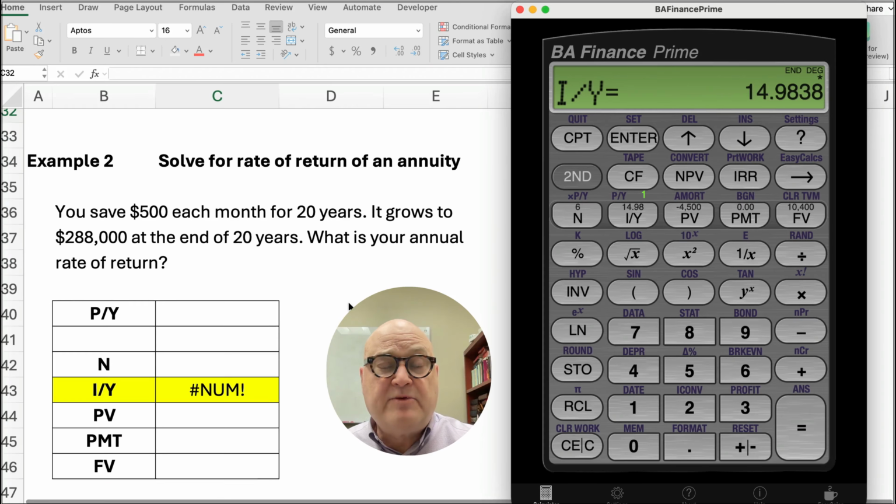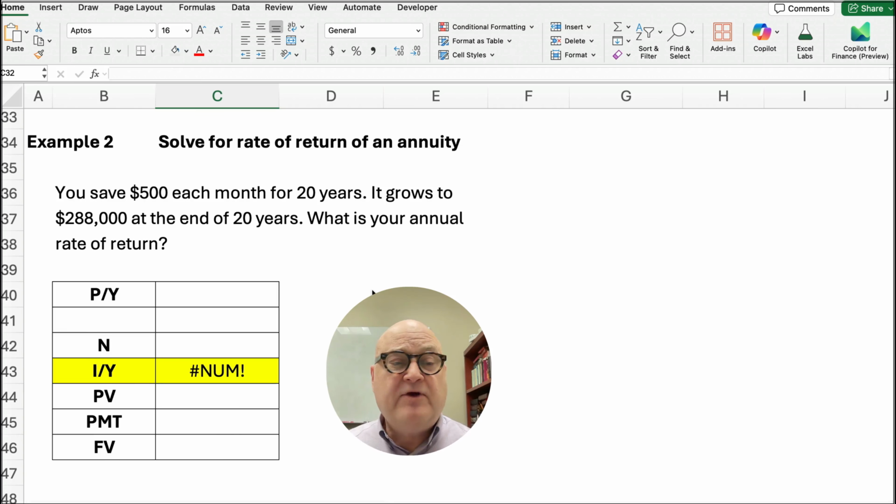All right, example number 2. Let's say we save $500 each month for 20 years. It grows to $288,000 at the end of 20 years. What's our annual rate of return? Well, this is going to be a monthly problem, so I need to do periods per year is 12. The number of periods is going to be 20 times 12. That's 240 months.